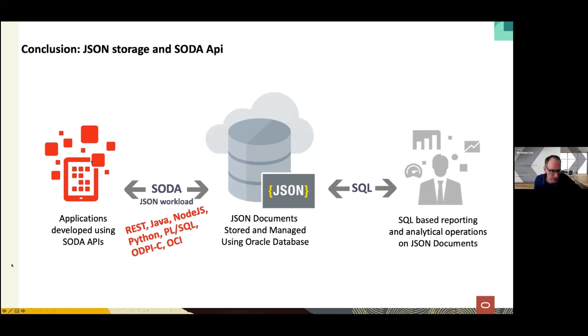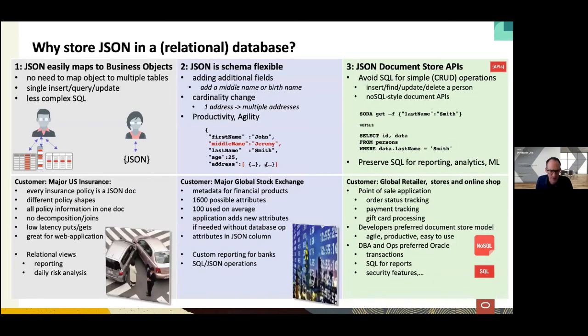So an application developer could use Soda to write their application, and then someone else could do reporting, analytics, machine learning over the same data, or they make updates on the relational data, and it becomes immediately visible in Soda. So there is no need to use different databases if you want to combine relational and document store APIs.